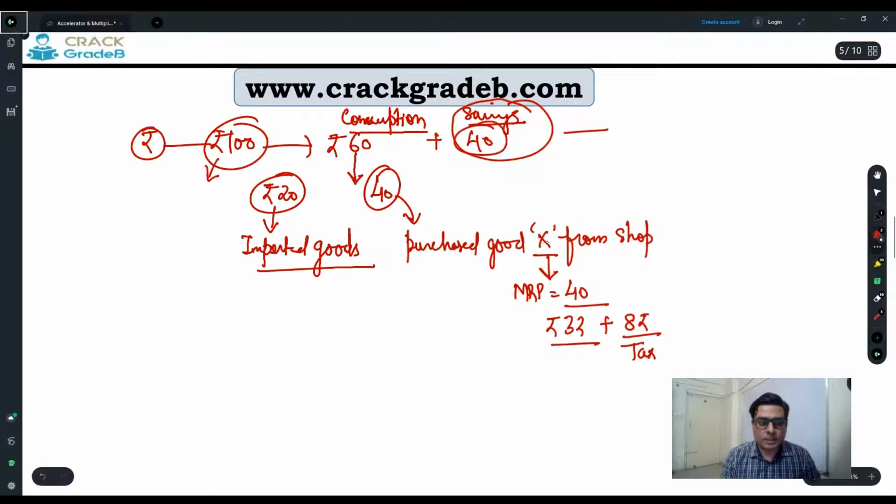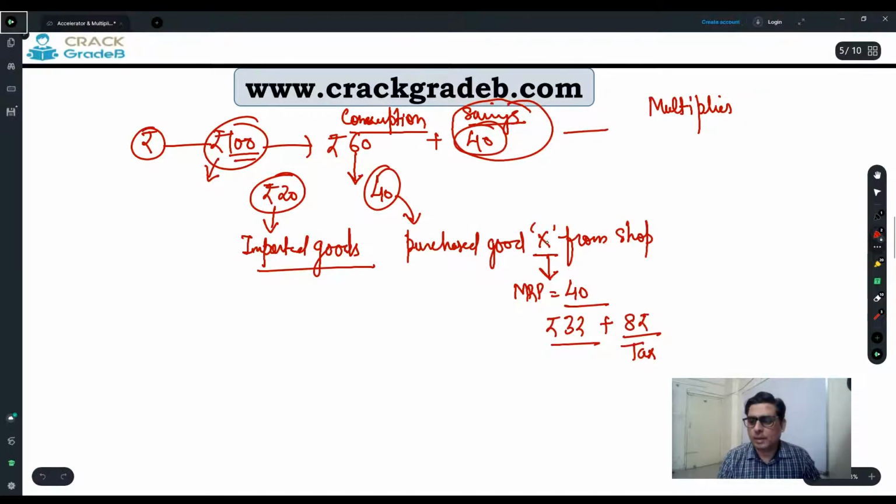So my income is increased by how much? My income is increased by 100 rupees. I showed that I am going to consume how much? 60 and 40 I am going to save. My objective is to find the multiplier value.